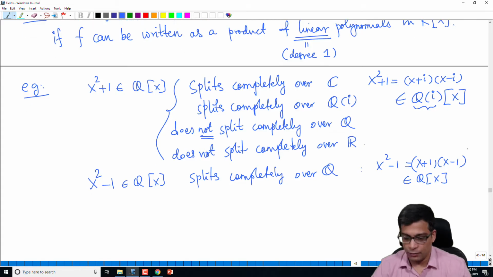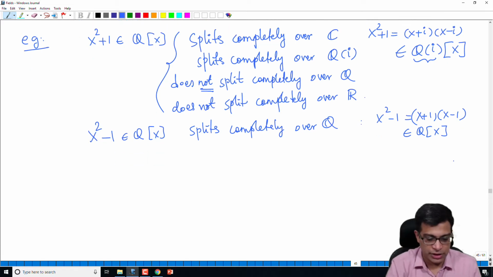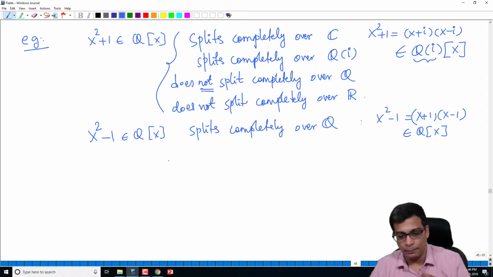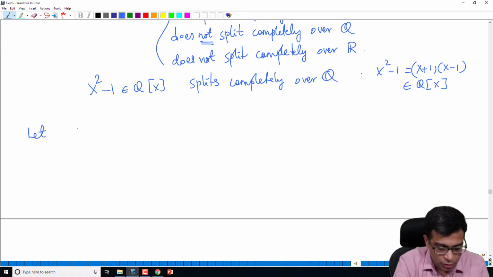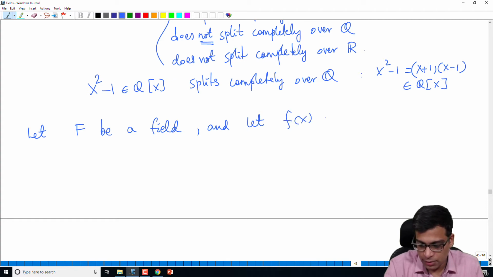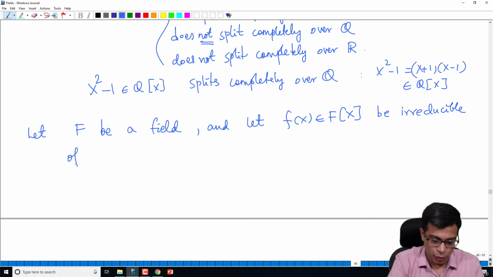Okay, so what I want to start with is to say that there is always such a field. So, proposition: let F be any field. Actually, before I write the proposition, let me do the main case of this as a separate remark. So let's say F is a field and let f(x) in F[x] be an irreducible polynomial of positive degree.